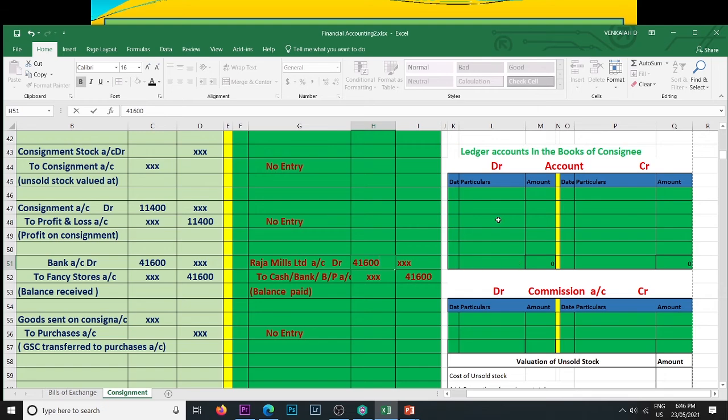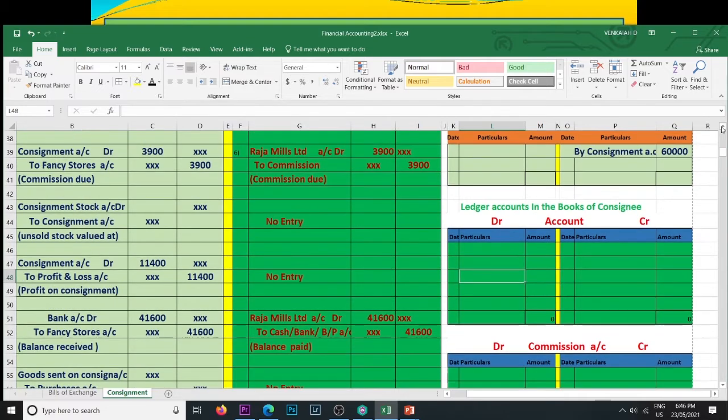Now the final account is goods sent on consignment in the books of consignor. So simply transfer to trading account. That is 60,000. So the total is 60,000.